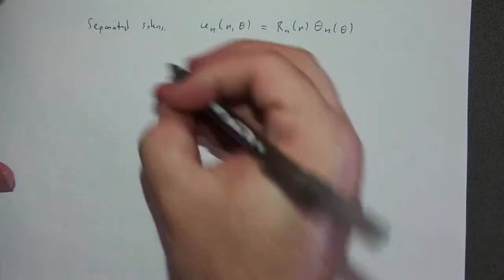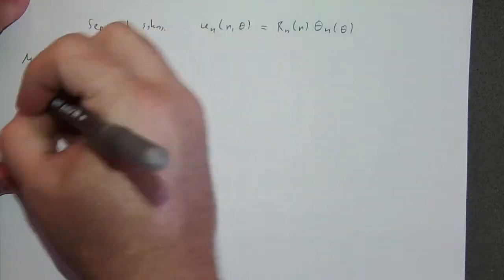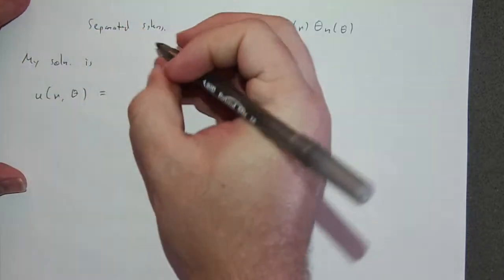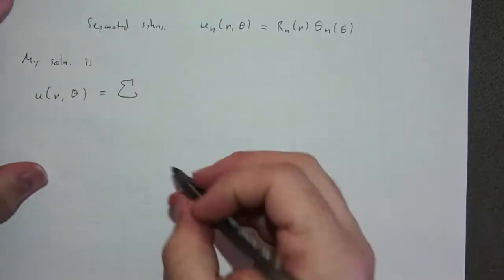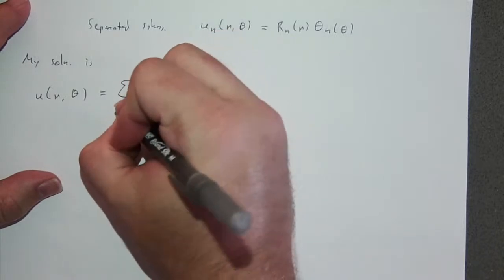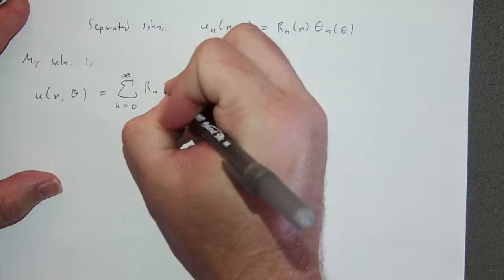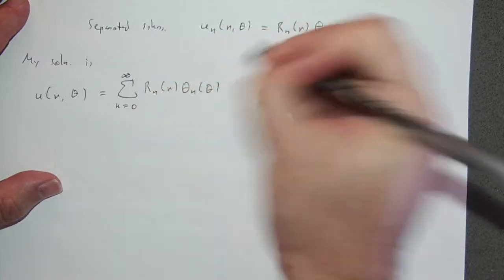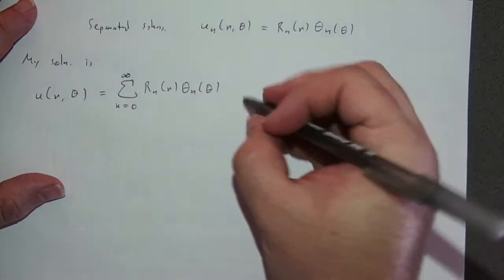And then my solution is u of r theta, which is the sum from n equals 0 to infinity of these separated solutions. So I have this countably infinite sum. I'm going to separate out the n equals 0 term.